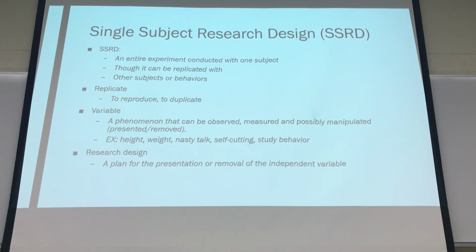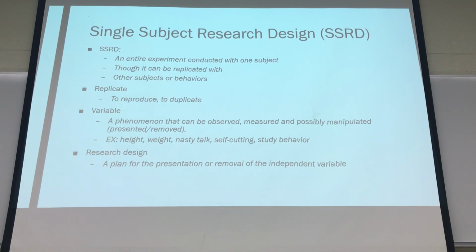Okay? Now, nasty talk. We could come up with a behavioral definition of nasty talk. Could we measure it? Sure we can. We covered that lesson already. We can measure nasty talk. We can count it. That's event recording, right? Count the number of times it occurs.